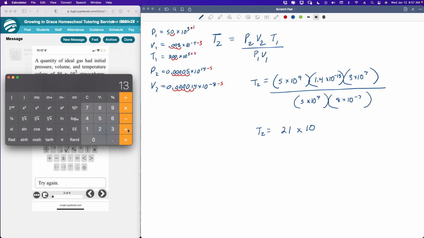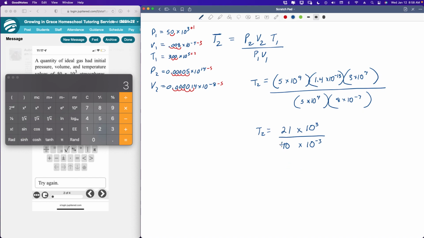That's 3 right here. We draw our line. We multiply 5 times 8 is 40, times 10, and 4 minus 7 is going to be negative 3. So much faster and simpler than if we did all of that with the other numbers.